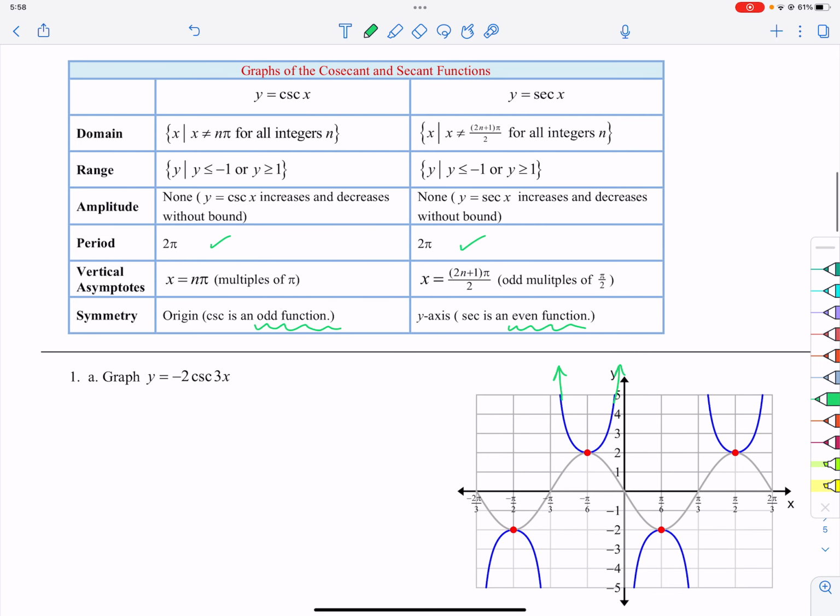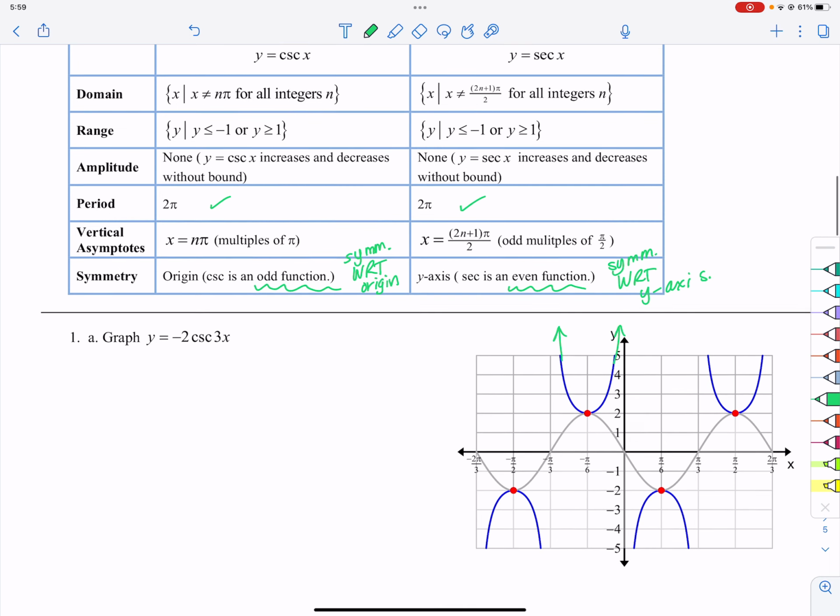Okay, so the cosecant is symmetric with respect to the origin, and the secant is symmetric with respect to the y-axis.